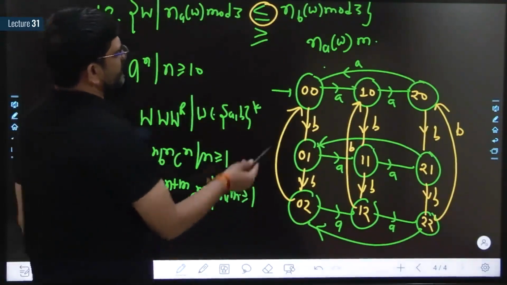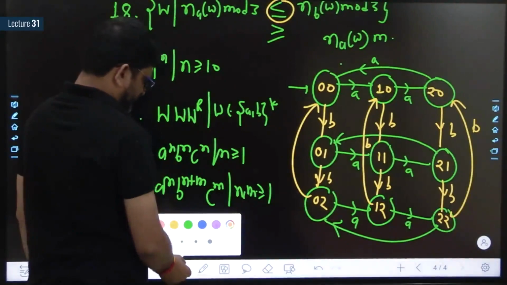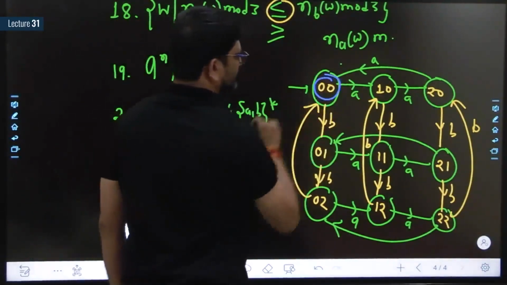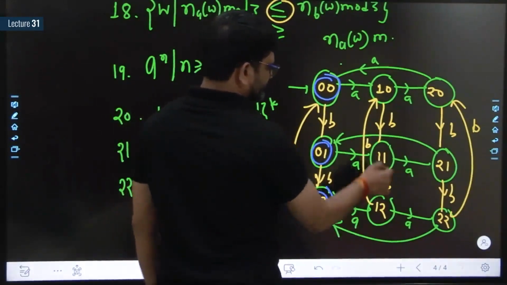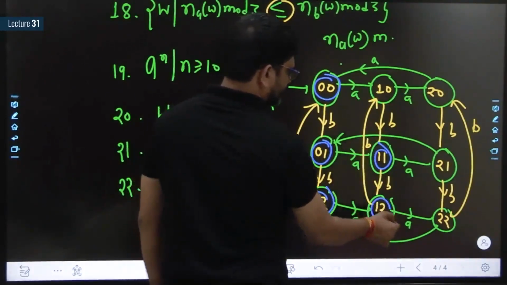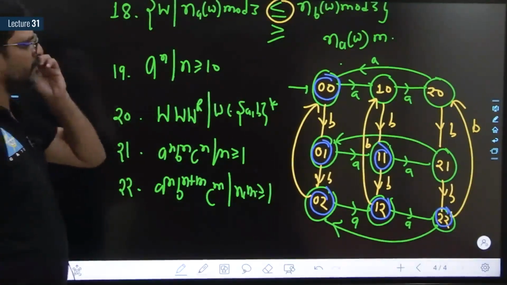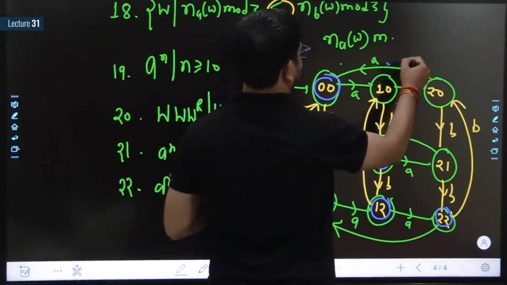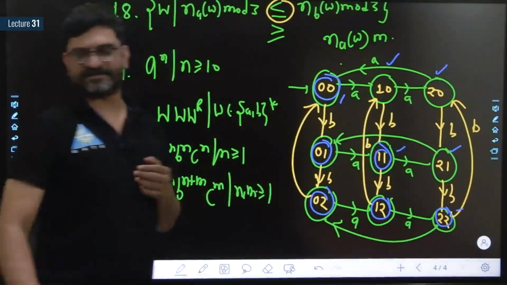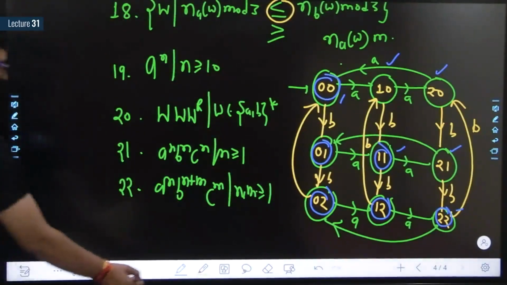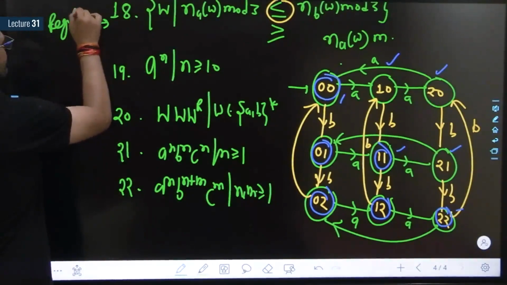Where the number of a's mod 3 is less than or equal to that, this state is final, this state is final, and so on for each such state. Clear? That's why this type of question gives regular languages. This is a regular language.